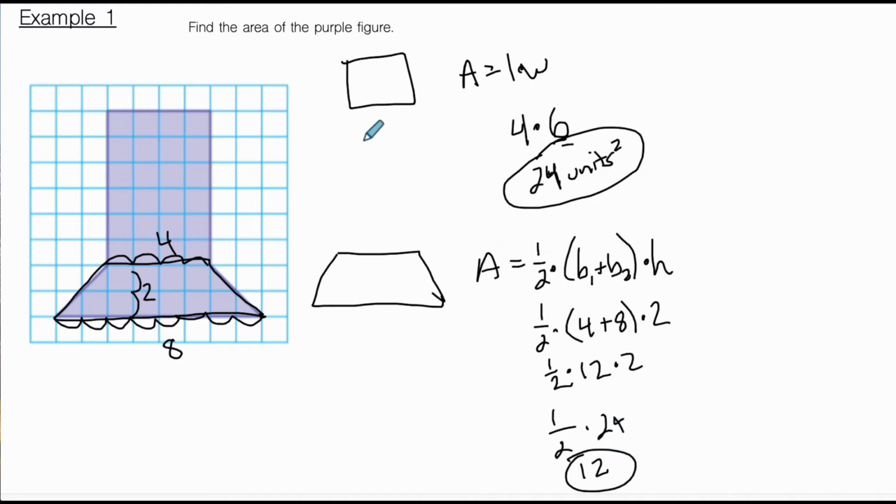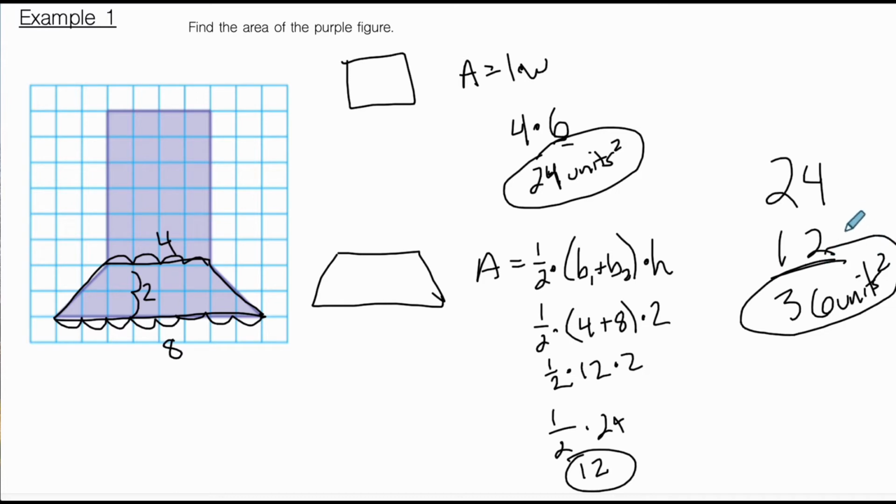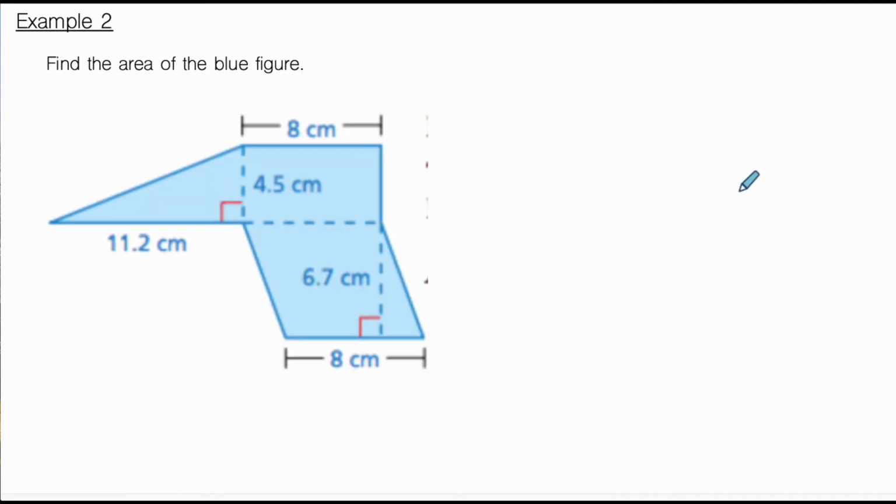And then the ultimate question was, what's the area of the entire purple figure? Well, the rectangular portion is 24, the trapezoidal portion is 12, so our total area is 36 square units for this first example. Let's do another one.